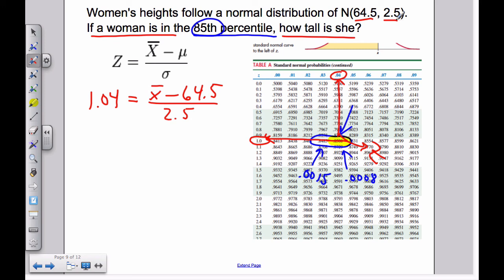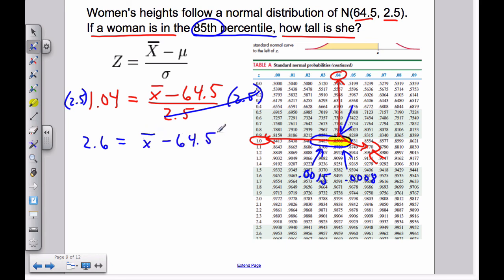And at this point, you just do your algebra, just mathematically solve. So let me go through and do that. I'm going to multiply by 2.5 on both sides. That cancels those two numbers and leaves me with 2.6 on the left-hand side and x bar minus 64.5 on the right-hand side.